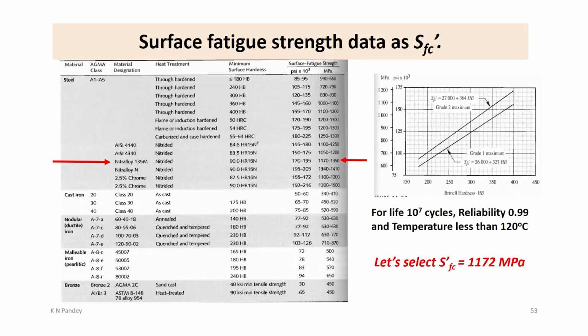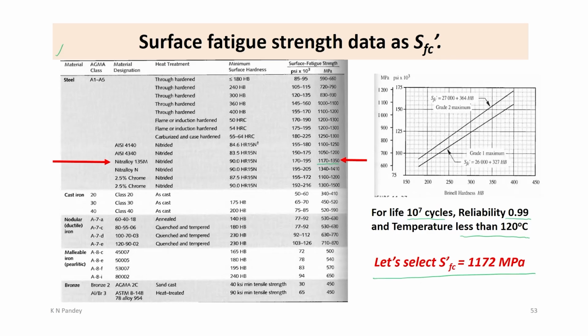Now the surface fatigue strength of the material of the pinion and gear is obtained from this table, which gives us the surface fatigue strength for 10 to power 7 number of cycles, reliability equal to 0.9 and temperature less than 120 degree. Our material is nitralloy 135 M, and the surface fatigue strength may range from 1170 to 1350.